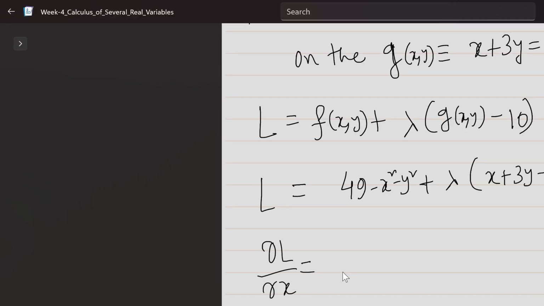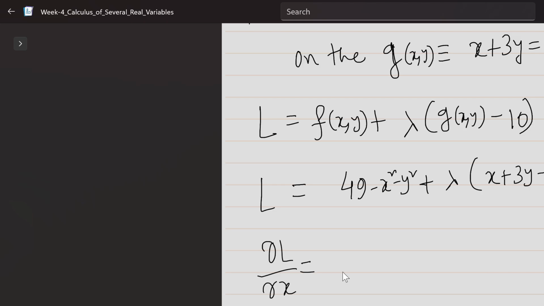So what are the points? The points are lying on the line x plus 3y equal to 10. So to find the point, you have to put the value of y in this line. x plus 3 into 3x equal to 10.